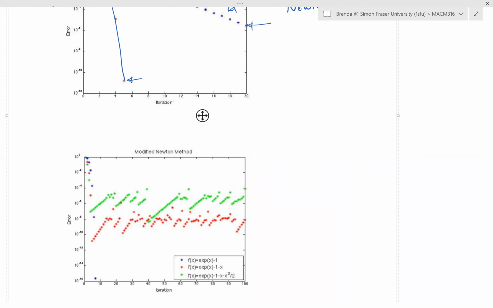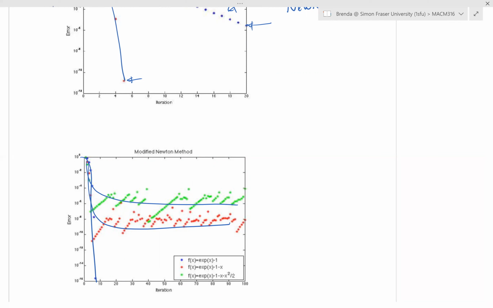In the simple root case, you're getting convergence right down to machine epsilon. And then when you're looking at functions with multiplicity, you get quick convergence, but then you do not get down to machine epsilon. If you can't fix this problem, you just keep doing more and more iterations and you don't get anywhere.